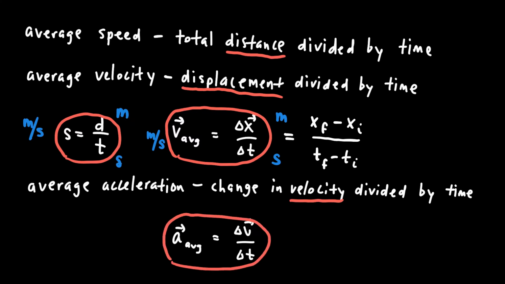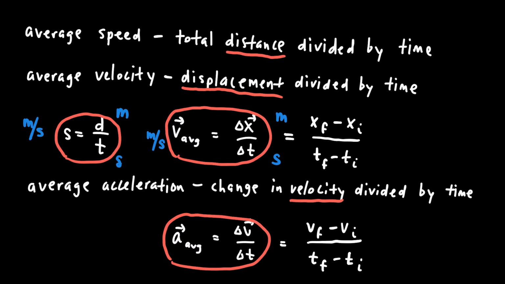And that's why when I calculate an average acceleration, I use two different points with two different velocities, initial and final, at two different times in order to calculate an average acceleration. If you wanted to know the velocity or the acceleration at a particular point in time, then you wouldn't necessarily use these equations.